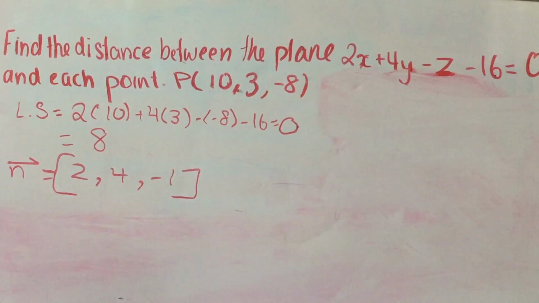So now we know the normal vector, and now we would have to choose any point Q on the plane by selecting arbitrary values for x and y.